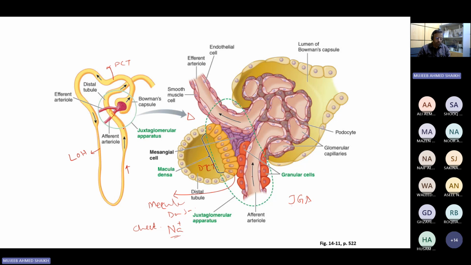More fluid filtered means more sodium ions, so more sodium ions will reach the DCT. In the DCT, the macula densa cells will detect the higher sodium concentration and send a signal to the afferent arteriolar endothelial cells.